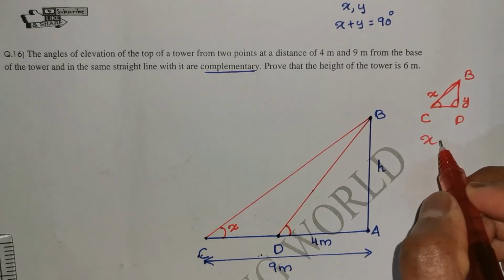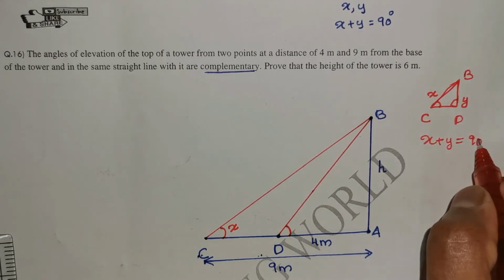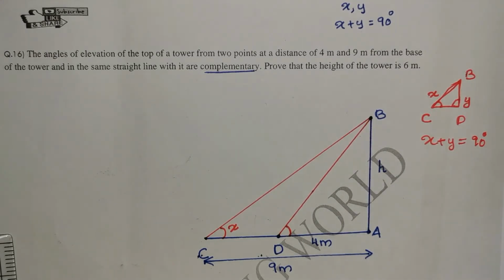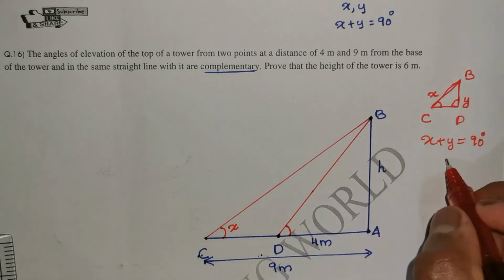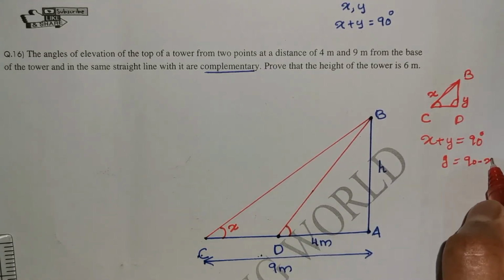So we can write x plus y is equal to 90 degree. Complementary means the sum is equal to 90 degree. So y can be written as 90 minus x.